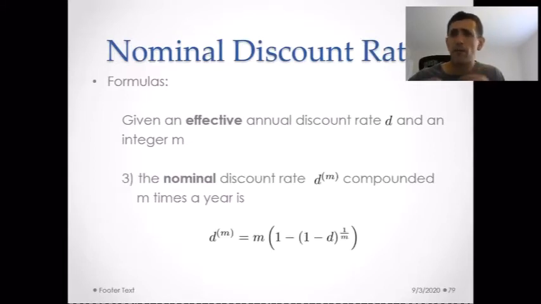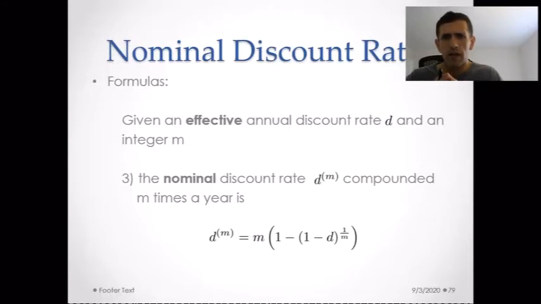And you get the formula for d superscript m given an m and given an effective annual discount rate. It's just m times parentheses 1 minus parentheses 1 minus d to the 1 over m. Very easy to get that.